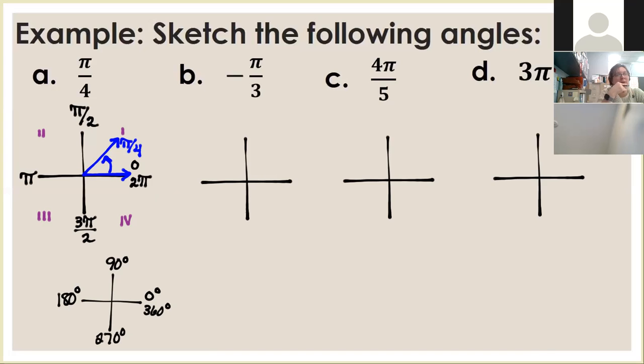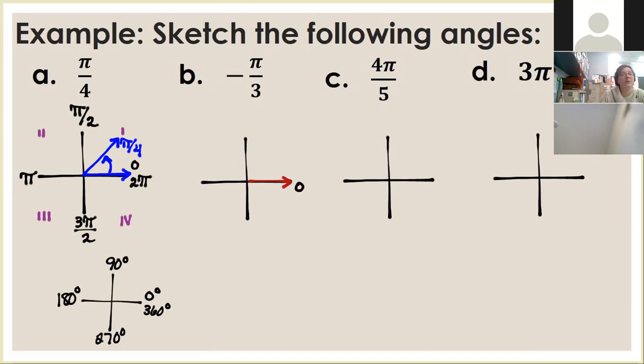On B, are we going clockwise or counterclockwise? Clockwise, because it is negative. So we're going to start on our initial side and we're going to be going this way. I'm going to need to relabel my x and y axes then.